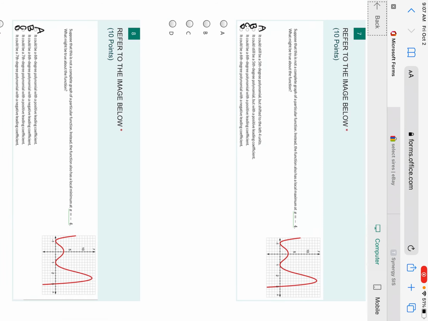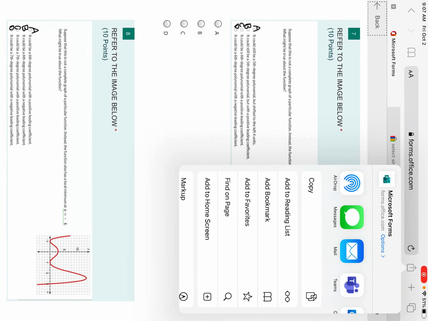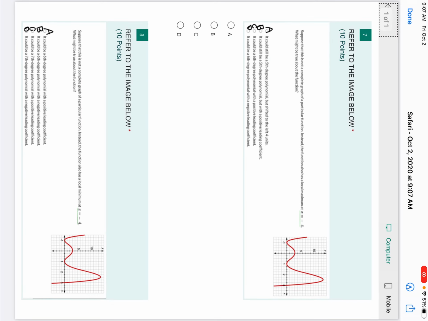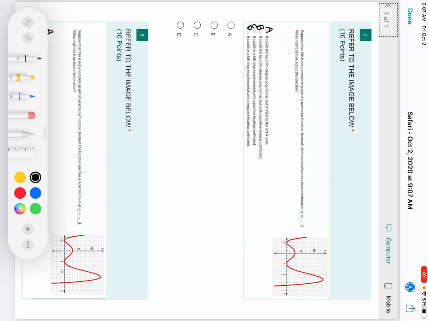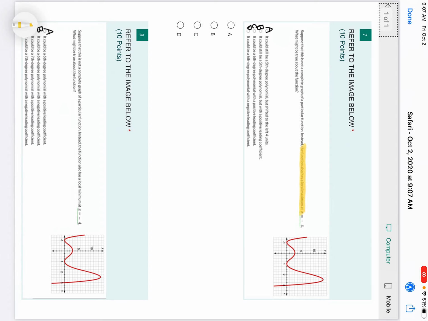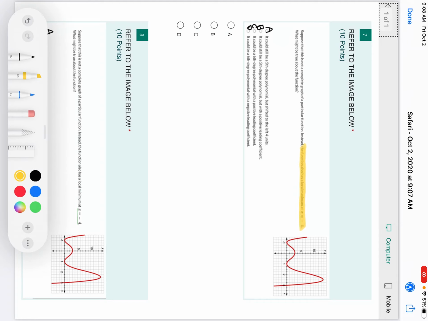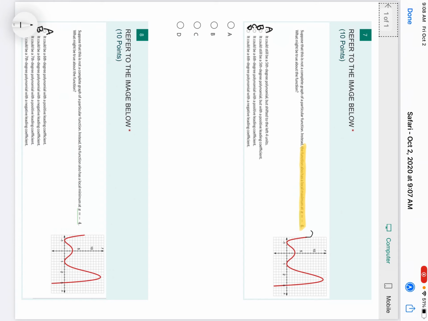Now, number 7 and number 8 are a little bit different. They are the same graph, except number 7 says the function also has a local max at x equals -4. So this graph up top on number 7 continues to look like this.